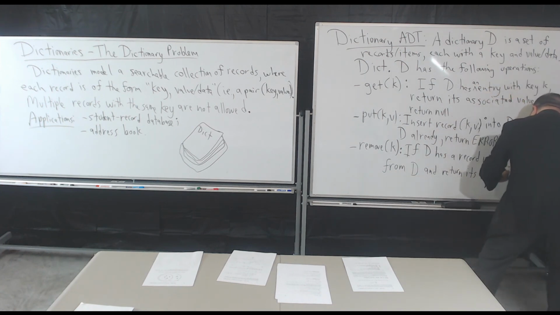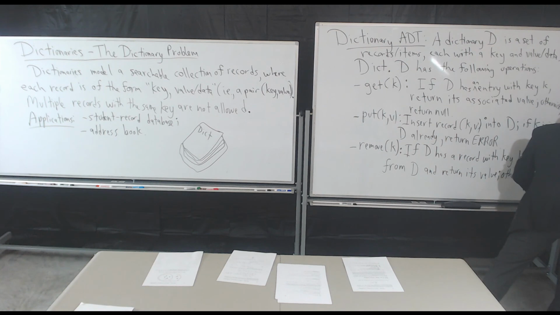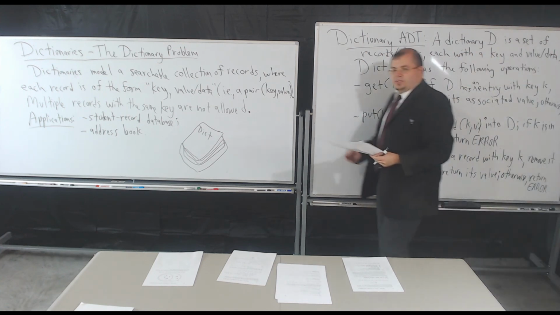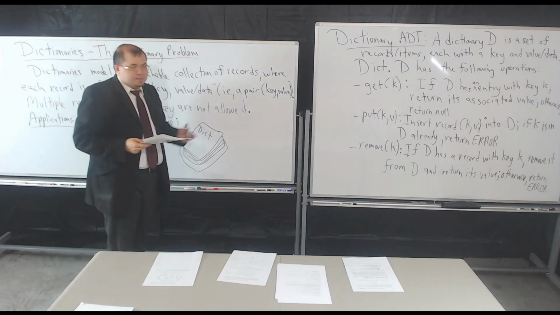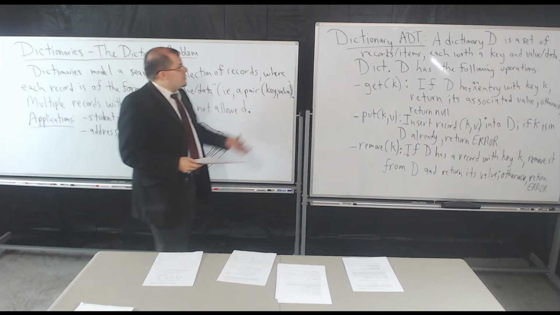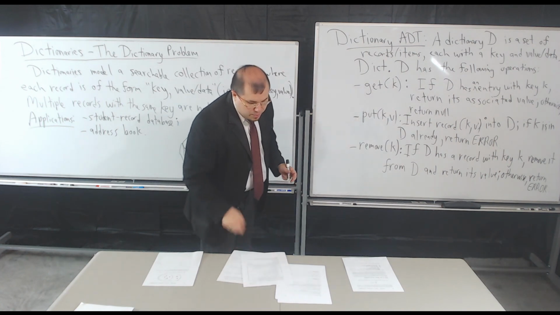Now, if you don't find the key, so that record with the key, when you try to remove, you're going to say otherwise return error. So if the key doesn't exist and you try to delete it, return error. Quite simple. So this is what the dictionary ADT, these are the three primary operations.